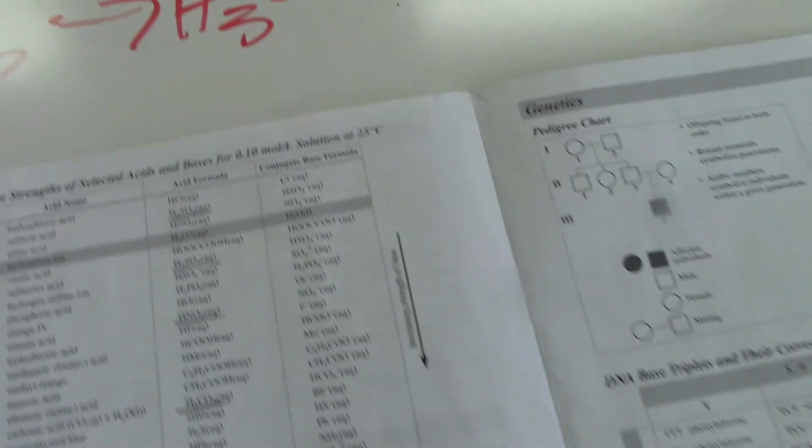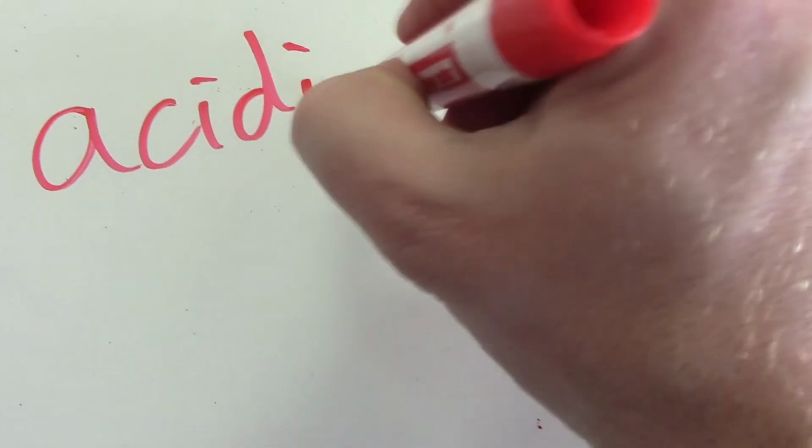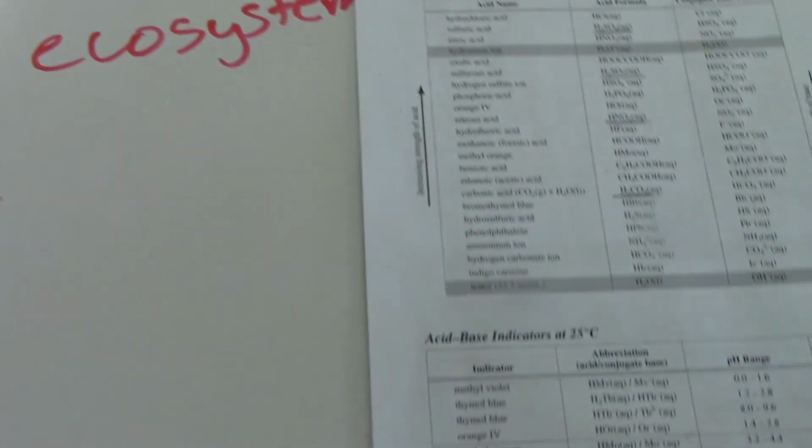All right. So let's say this is in an acidified ecosystem. So we have acid precipitation making hydronium, and the hydronium is being contributed to the environment.